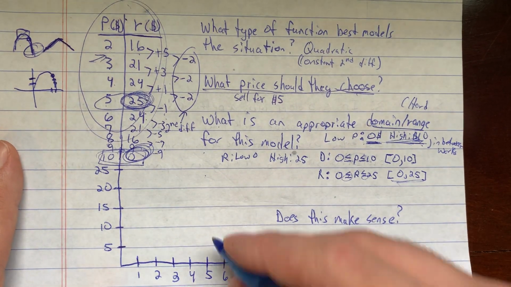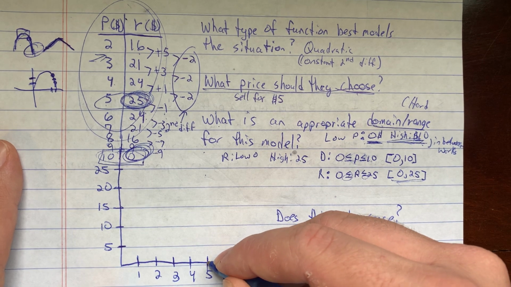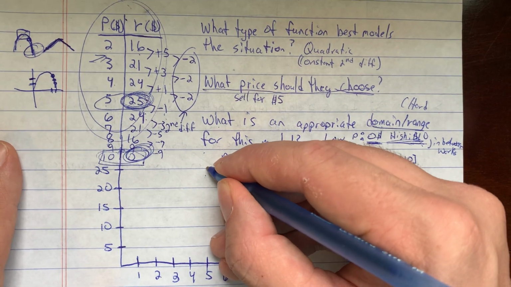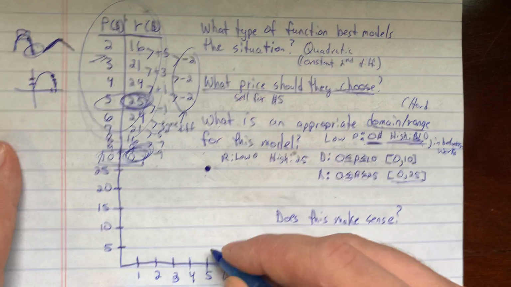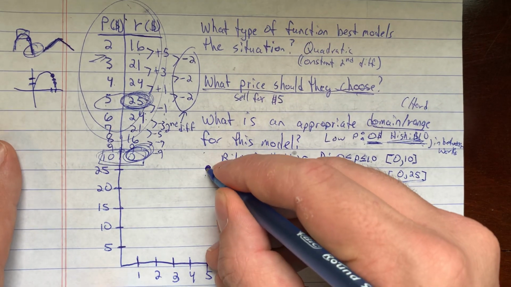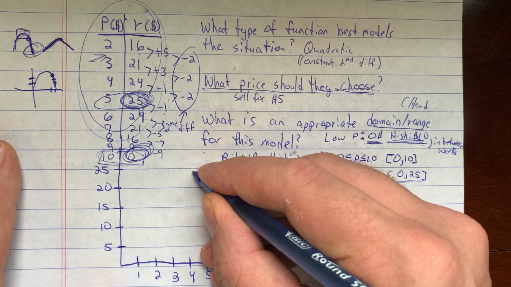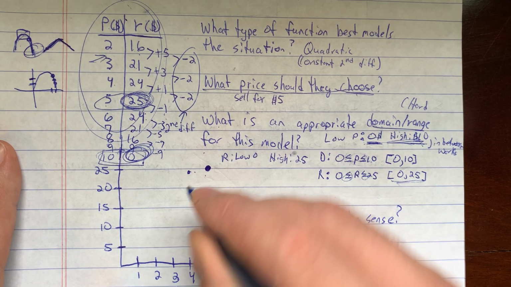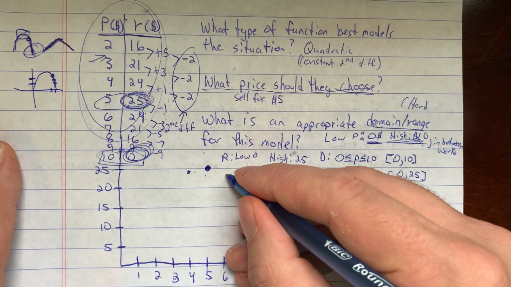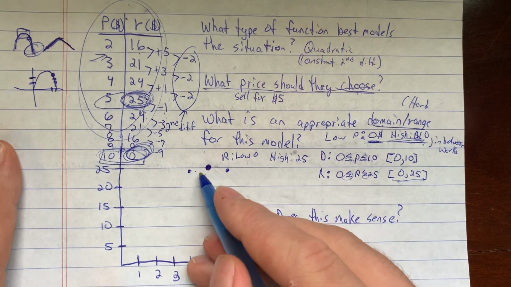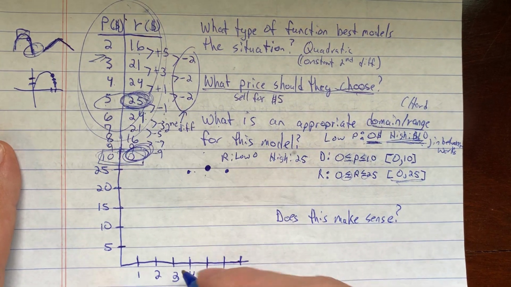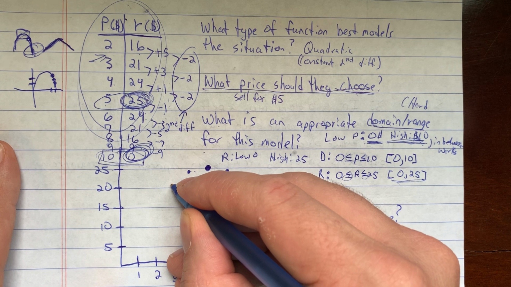Okay, so I'm going to use a graph to help us model this. This was our maximum value. When we sold it for $5, we made $25. When we sold it for $4, we made $24, which is just a little bit under 25. When we sold it for $3, it was $21.